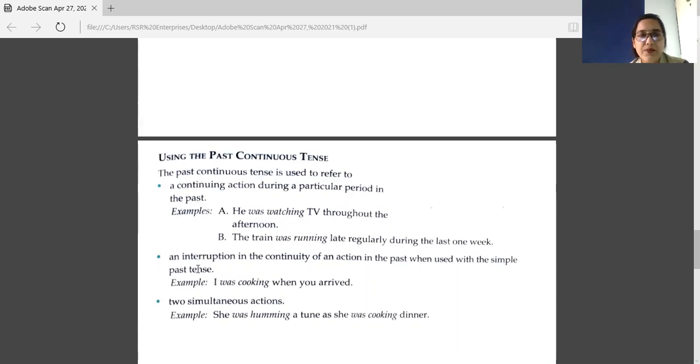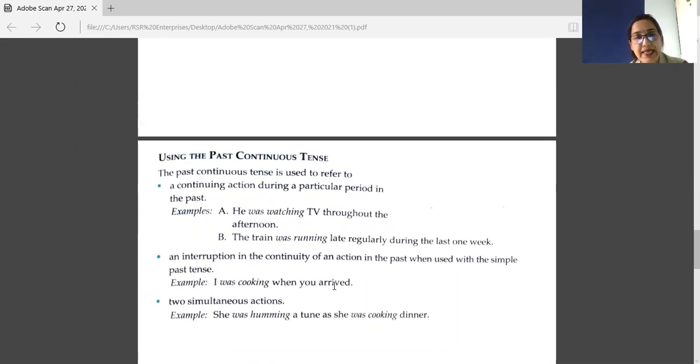See this second point now. An interruption in the continuity of an action in the past when used with the simple past tense. In a sentence, if we are using simple past tense and some other work there as an interruption, which is in continuity, there we use past continuous tense. See this example, I was cooking when you arrived.